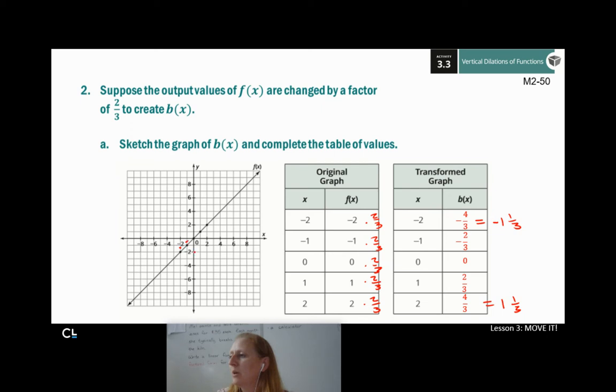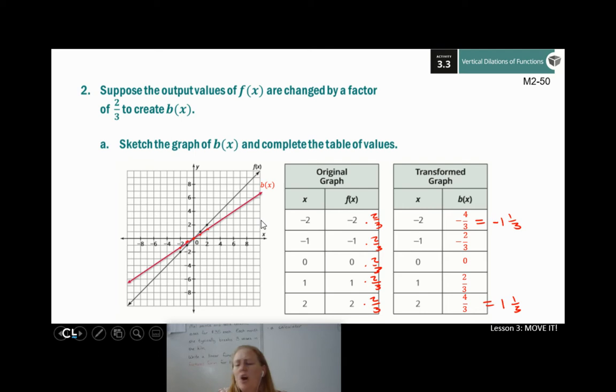We're not quite getting to 1. 0, 0. That's easy. 1 and 2/3, so over 1 and we're only going up 2/3. And then 2 and 4/3, so that's 1 and a third. This isn't the best ever, but you get the idea. If I were to connect these up, it would look like this. And we'll call it b of x.